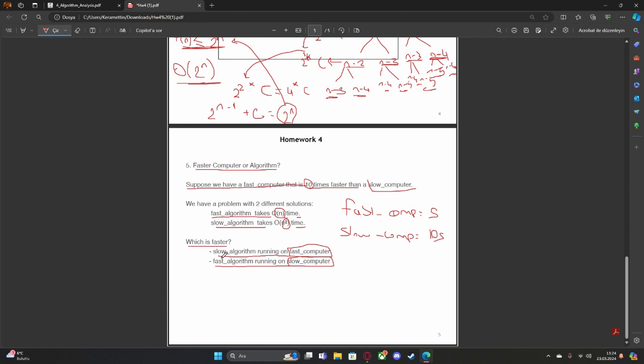Slow algorithm running on fast computer means that the slow algorithm is n squared time on the fast computer, and the fast algorithm running on slow computer is n time 10s.